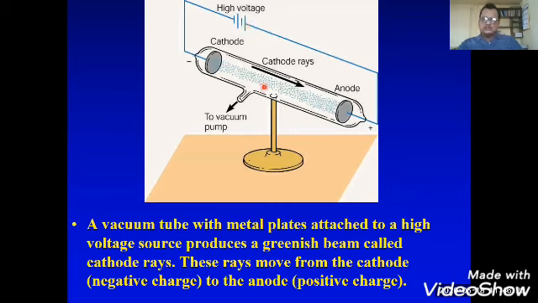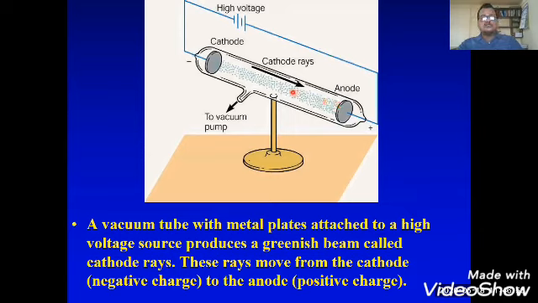Under normal conditions, electricity did not flow from the cathode to the anode. Then they sucked out the gas inside by using a vacuum pump. When the pressure was reduced to around 10 to the power of -2 atmosphere, some greenish rays travel from the cathode towards the anode.